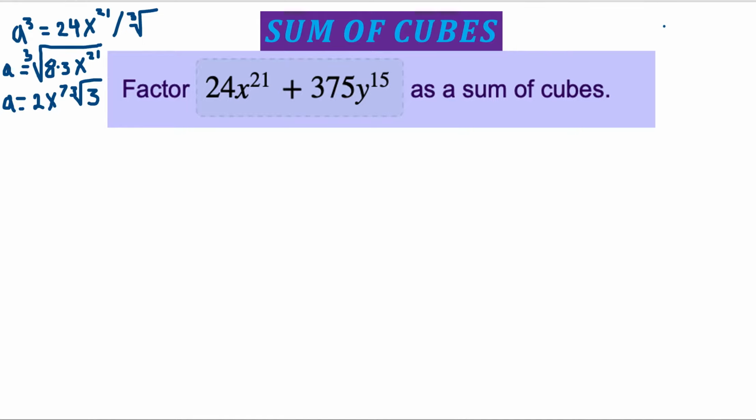Now let me write the same thing here, because I want to save some space to write everything. The b cubic, with the same idea, is equal to 375y^15.